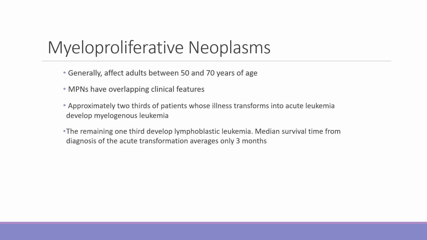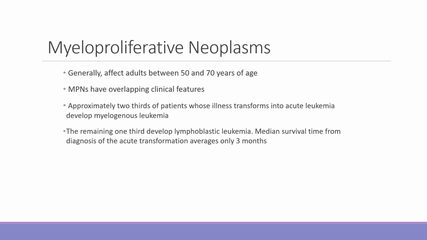Because remember, these are typically a proliferation of mature cells. It isn't until we get to proliferation of immature cells that we have an acute leukemia.